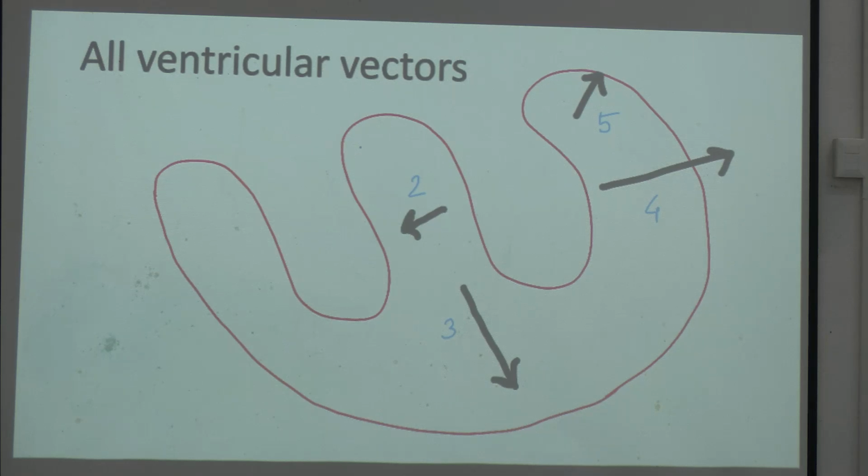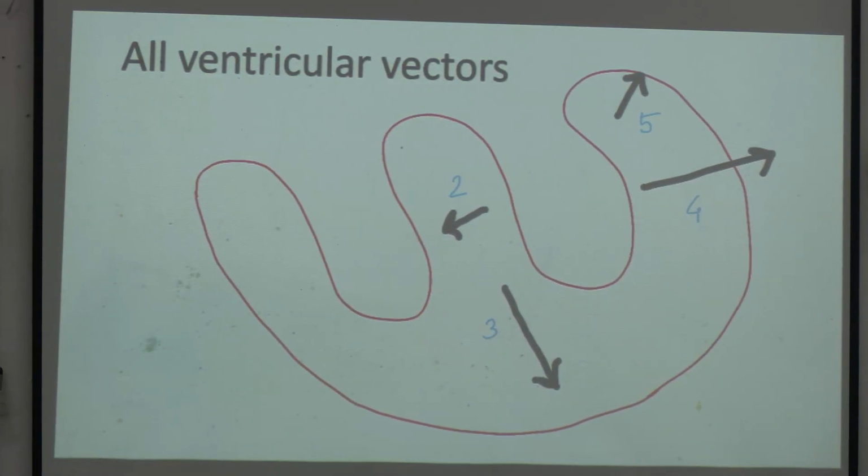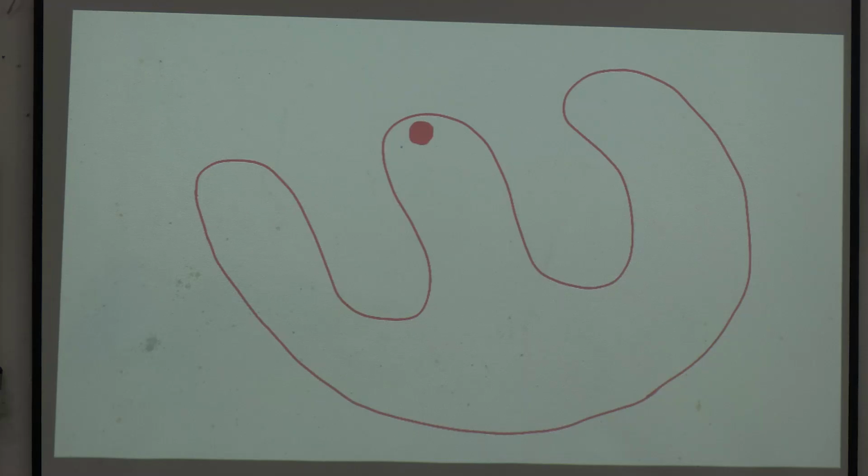Now, as per the rule of vectors, we can shift a vector parallelly. If I start all these vectors from a single point, we get this. This single point is the upper part of the bundle of His, or maybe the location of the AV node.